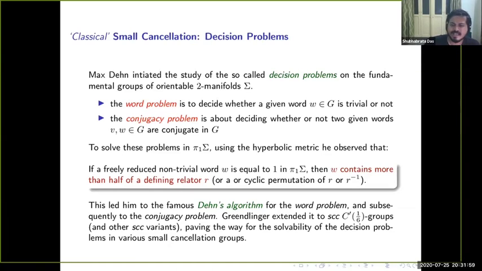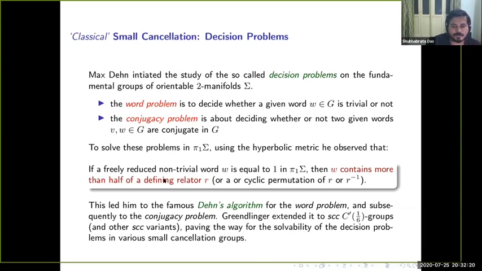He's saying that if any freely reduced non-trivial word is trivial, then it should contain more than half of a defining relator, that's the single relator here, or any cyclic permutation of R inverse.